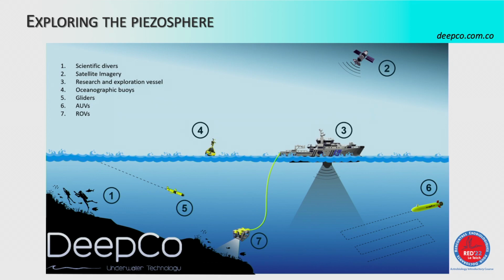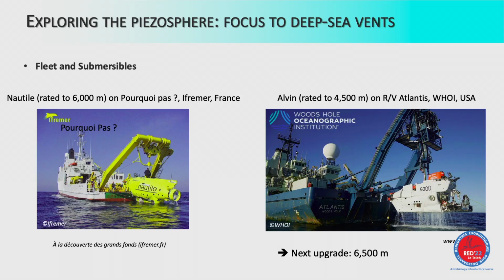For deep sea vents, we usually use submersible vehicles, which are driven by humans. It's really important to focus on how they are rated. The Nautile in France can go down to 6,000 meters, but Alvin, the US one, can only go down to 4,000 meters.